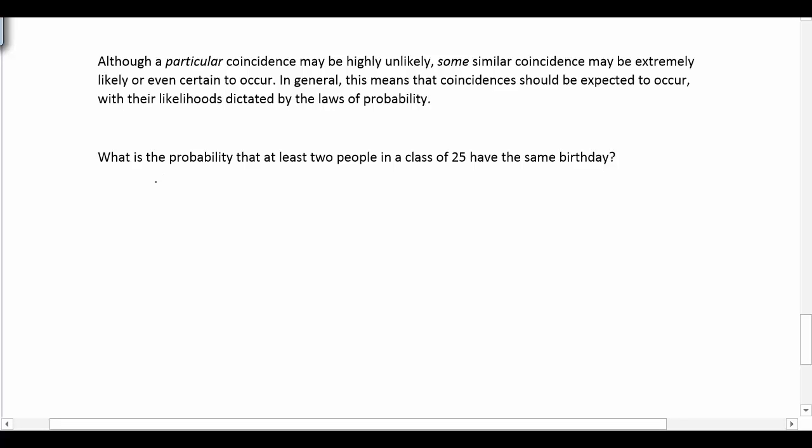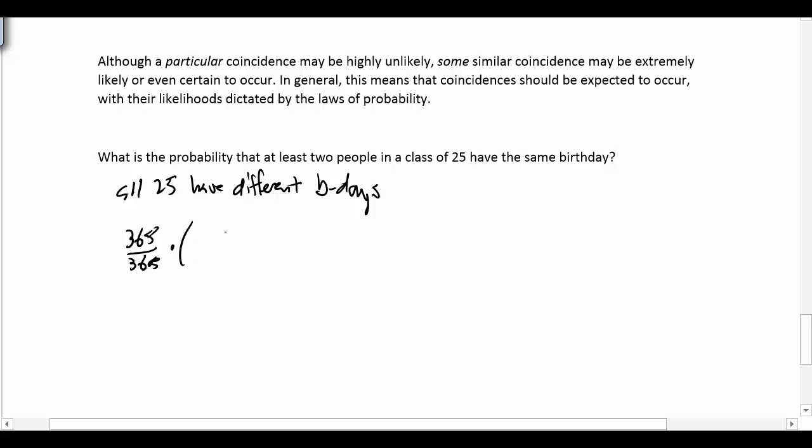I could say, what's the probability that all 25 students have different birthdays? So you've got to think, out of 365 days, we've got 25 students. The first guy's got his birthday on a certain day.